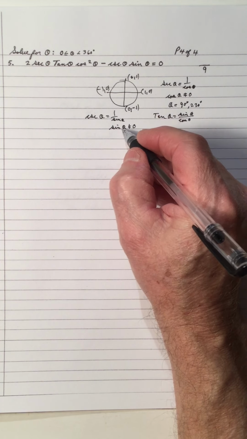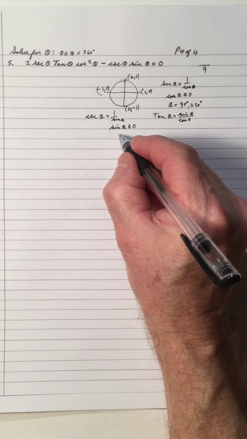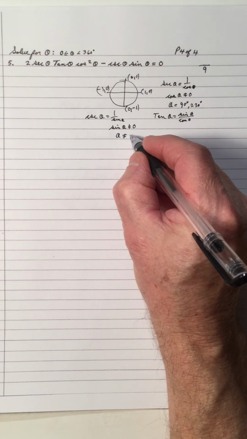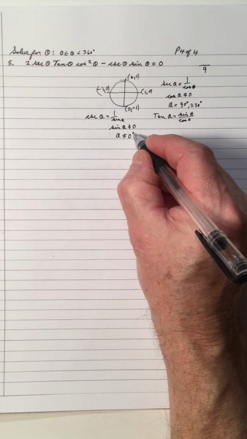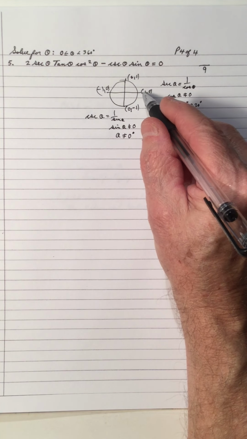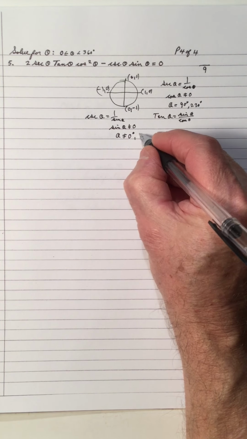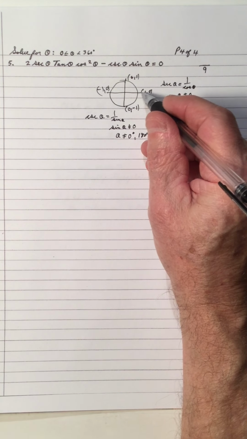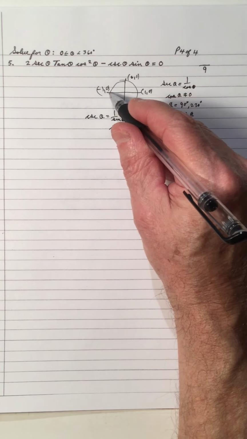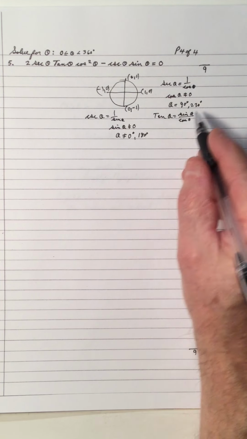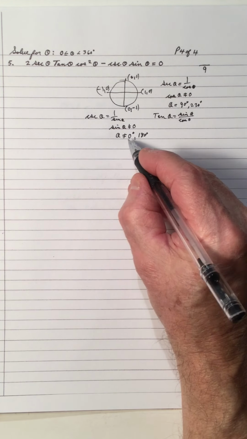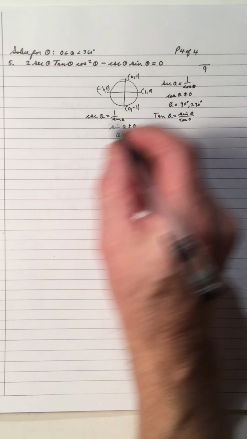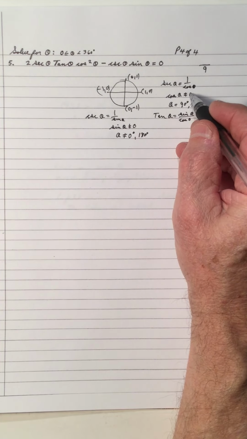Sine is the y, and y is 0 at 0 degrees and y is 0 at 180, so theta cannot be 0 or 180. So we cannot have 90, 270, 0, or 180. Now let's solve the equation and see what we have. We have to think about the extraneous roots.